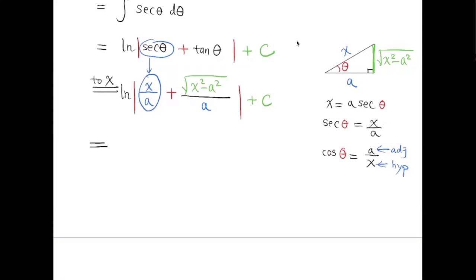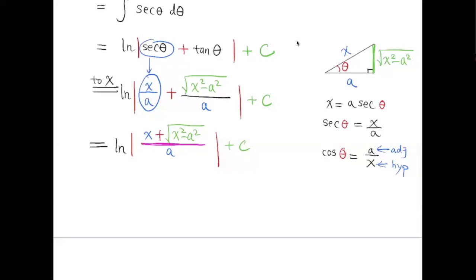We can take out the common denominator a. So that's 1 over a, and then you have x plus the square root of x squared minus a squared, and then plus C. Now, do you guys remember the ln of a quotient?